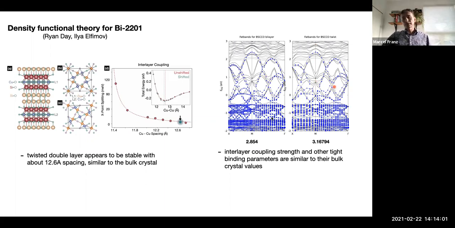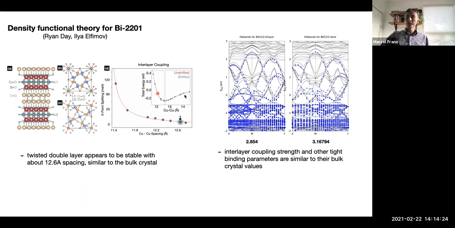However, the upshot of these calculations, which was satisfying, was that they demonstrate the stability of this twisted bilayer, which was not completely clear to us, whether these two layers would want to stick to one another in this twisted configuration. This clearly happens in these ab initio calculations.